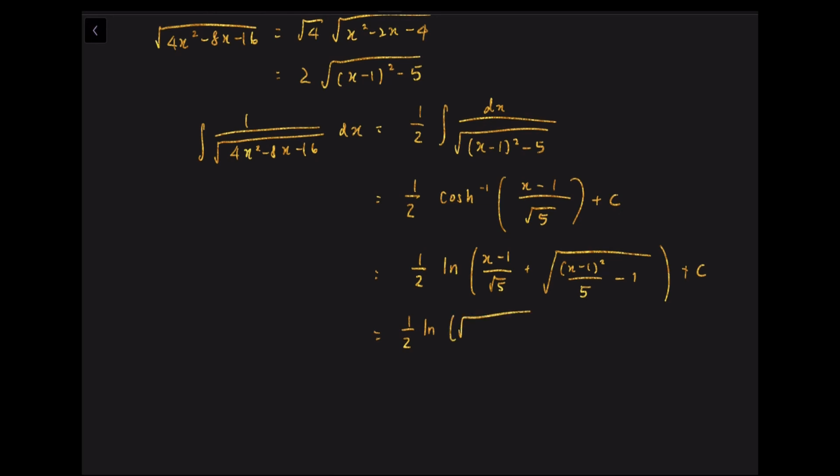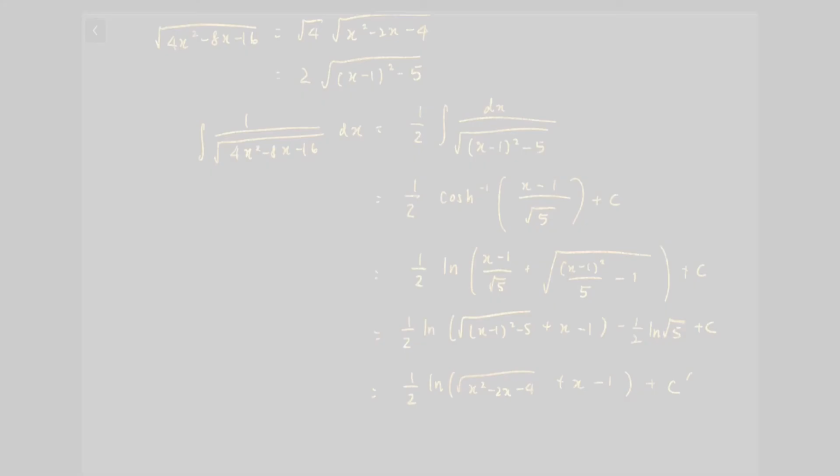And then further simplifying, we will eventually obtain 1 over 2 ln the square root of x squared minus 2x minus 4 plus x minus 1 plus c prime, which is a constant.